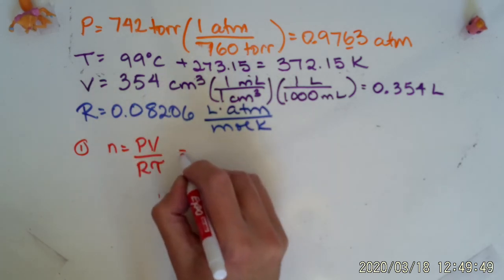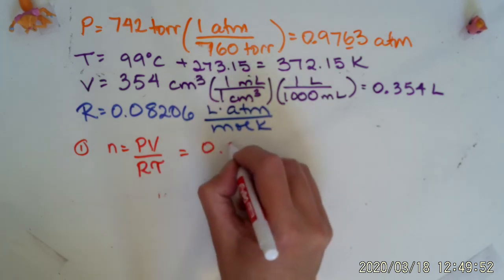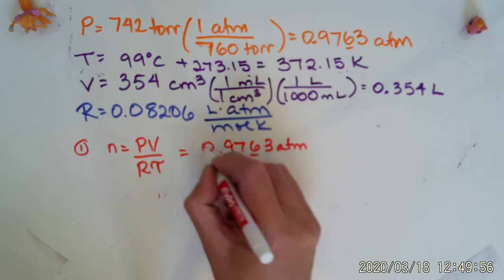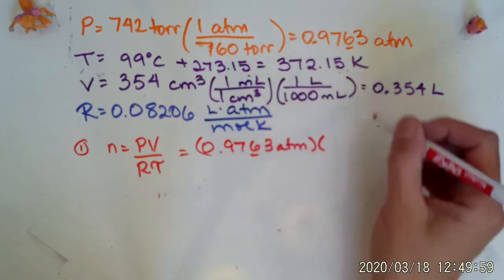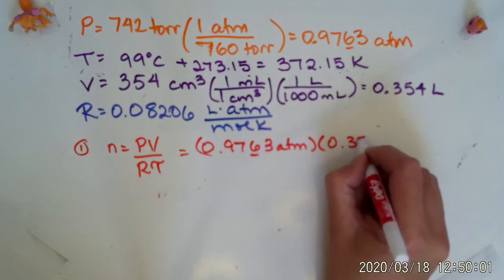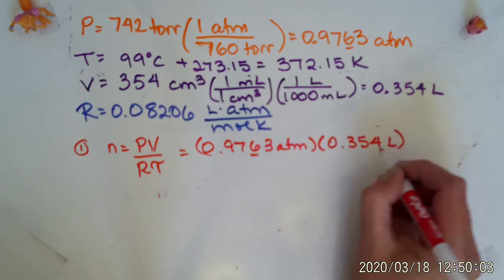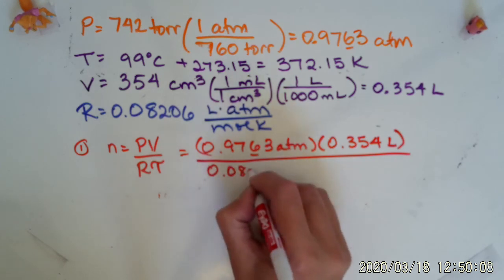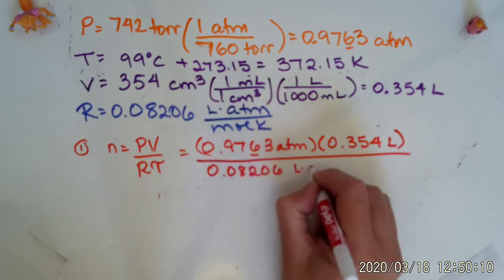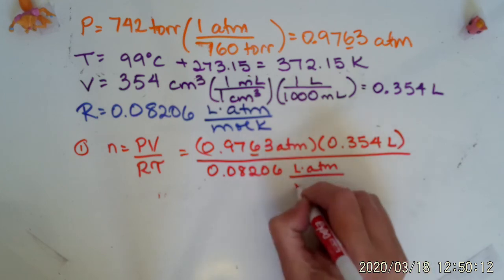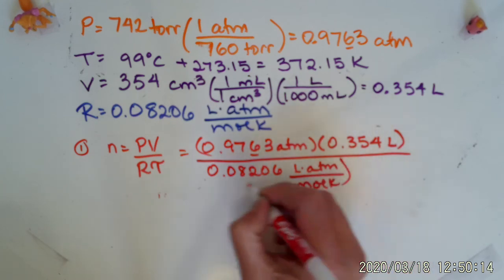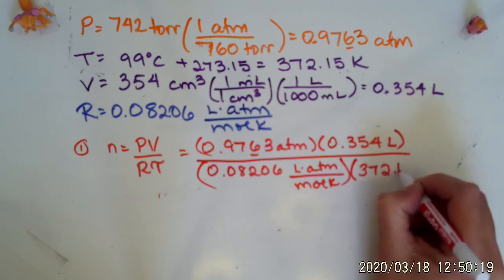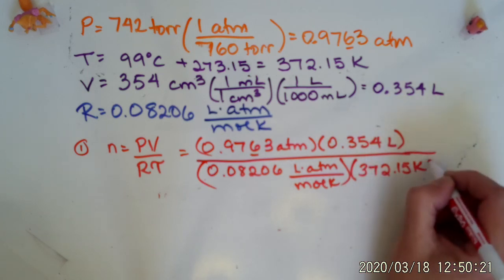That's going to be equal to 0.9763 atmospheres times the volume, 0.354 liters, divided by 0.08206 liter atmospheres per mole Kelvin, and that too is divided by our temperature, which is 372.15 Kelvin.